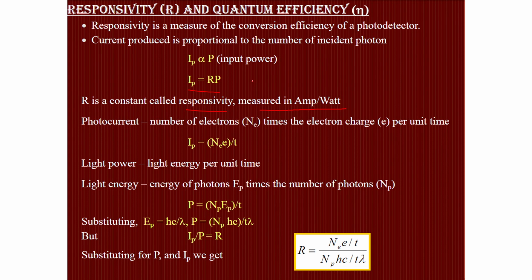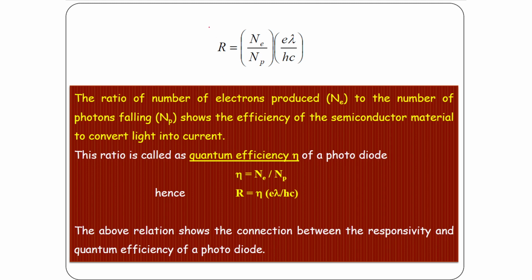After deriving it, we get a direct formula, R equals Ne upon Np into e lambda upon hc, where Ne upon Np is the ratio of the number of electrons produced to the number of photons falling, which shows the efficiency of the semiconductor material. So we can finally write it as R equals eta into e lambda upon hc, where this formula tells us about the relation between the responsivity and quantum efficiency of a photodiode.